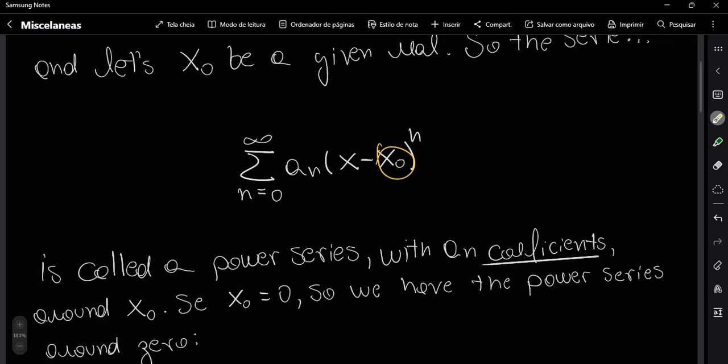So this is the first element, and this is the element that is on this iteration.